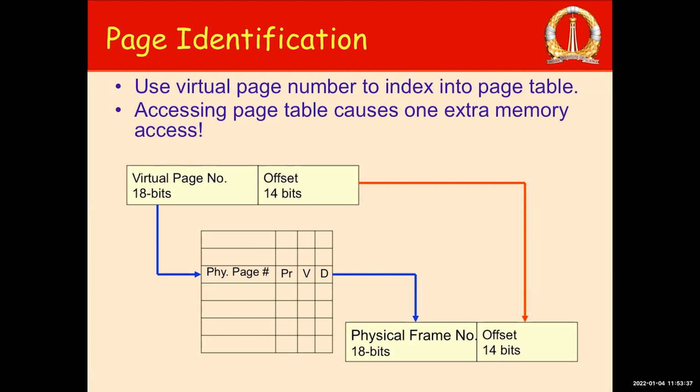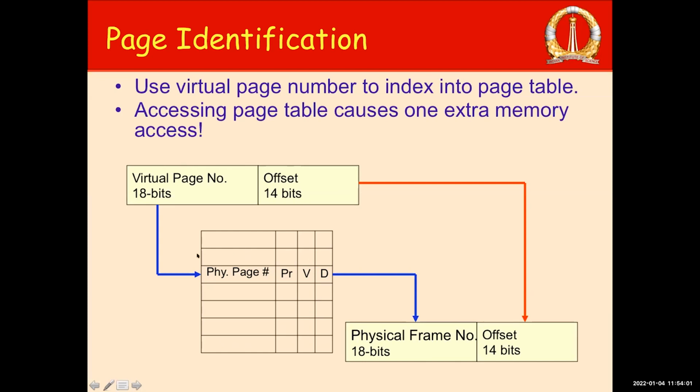But before that, let's look at one complication introduced by this virtual address translation mechanism. If you want to access a memory location, the processor emits a virtual address, which has to be translated into a physical address. To translate it, you have to access the page table, which itself is stored in memory.